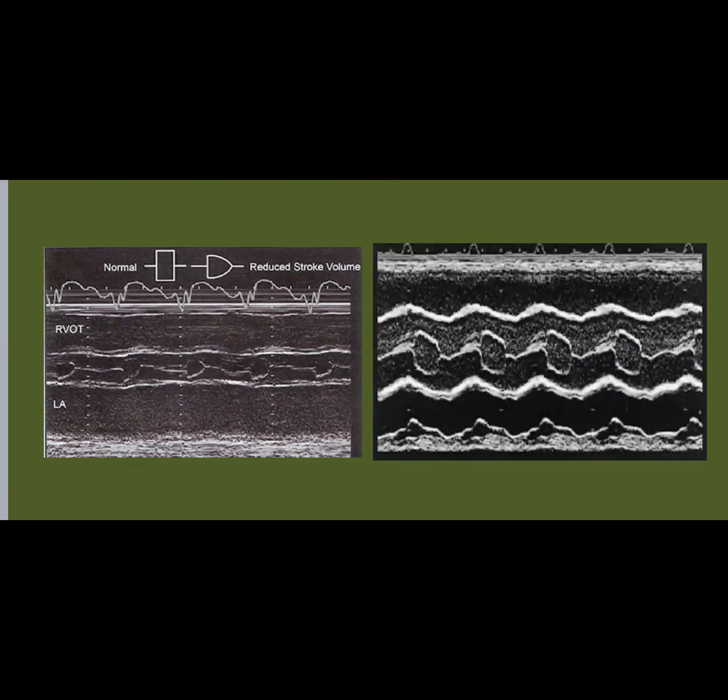If you compare it to the normal morphology of the M mode of the aortic valve on the right, you will see there is reduced opening and premature closure. So instead of a rectangular morphology of the aortic valve M mode, it is now triangular instead. Okay, so this indicates severe LV systolic dysfunction leading to severely reduced stroke volume.